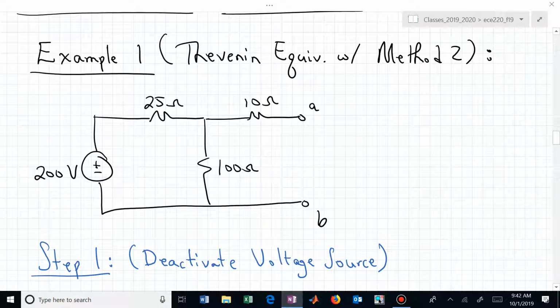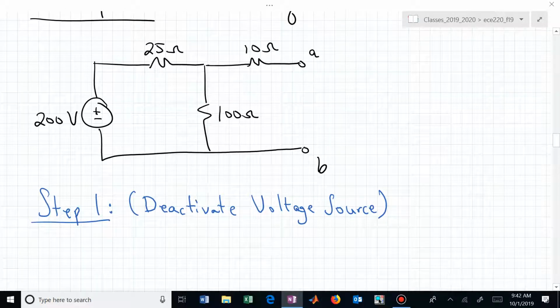Here, we don't have any dependent sources. So this one's set up to use method 2. And this gives us an excuse to play with deactivating sources. We only have one independent source, and it's a voltage source. What is involved when we deactivate that source?